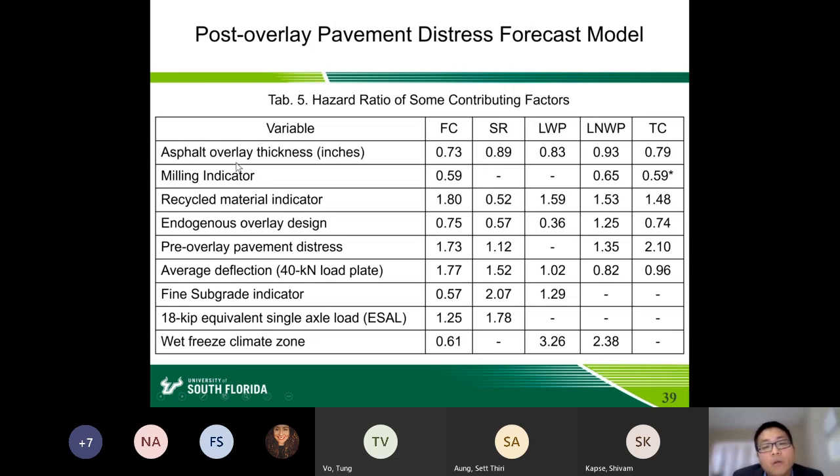For example, with 1 inch increase of the asphalt overlay thickness, about 27% of the vertical crack initiation probability will be reduced. Similarly, if we use recycled material, the fatigue cracking initiation probability will increase by 80%.